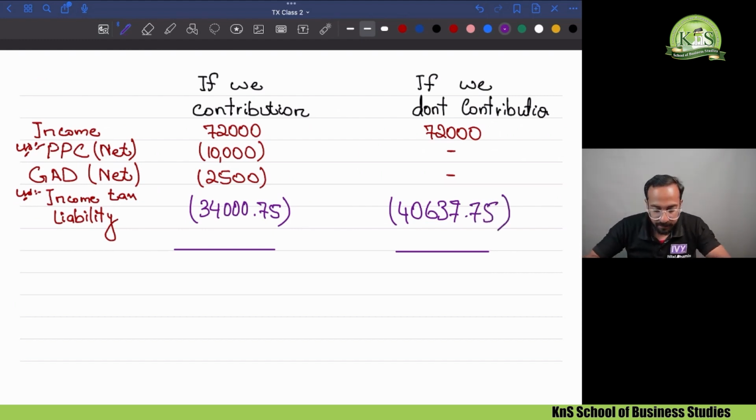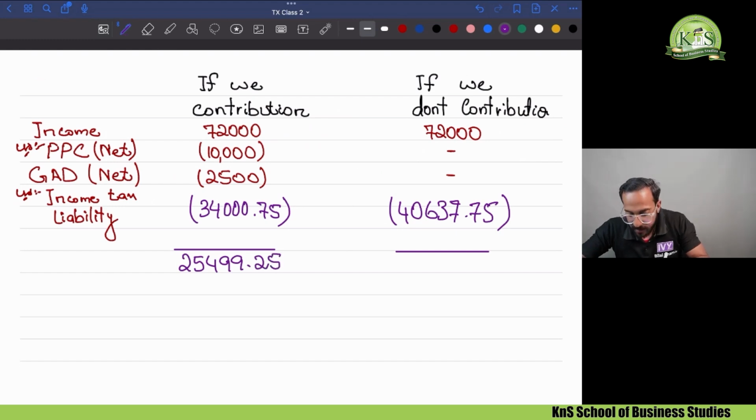Just less it. 72,000 minus 10,000 minus 12,500 minus 34,000.75. It is giving you 25,499.25. Now here 72,000 less, it is giving you the answer 31,3625.